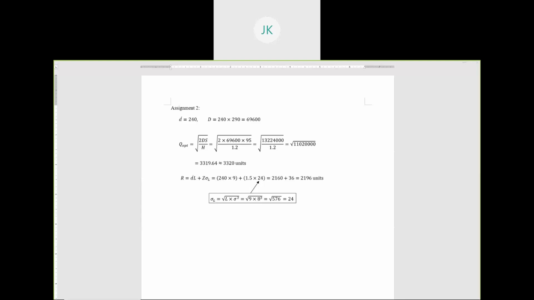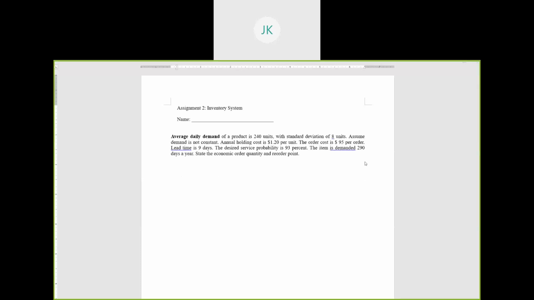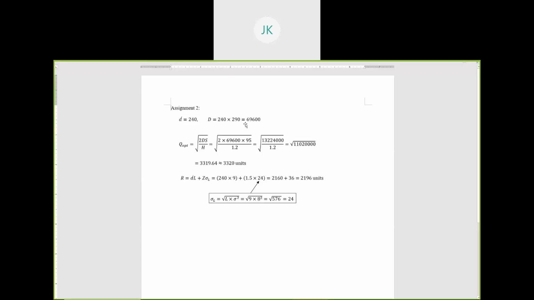If a question doesn't give you how many days a year, then use 355. But this one is given 290, so use that to get annual demand. So annual demand is 69,600. And then just plug in 2 times annual demand times order cost. It is given.